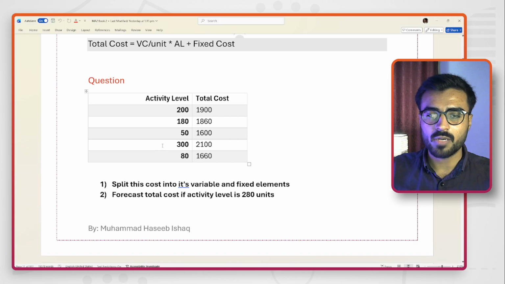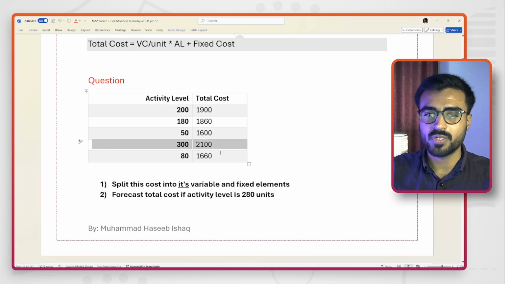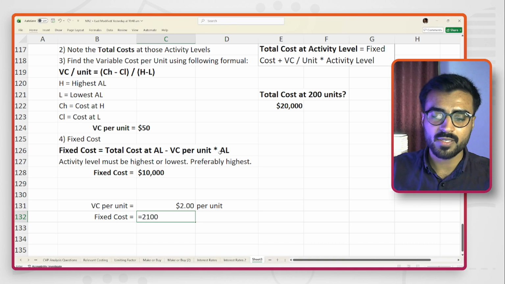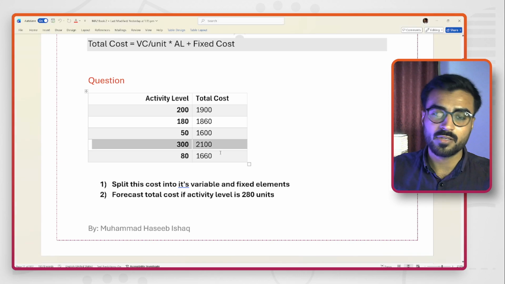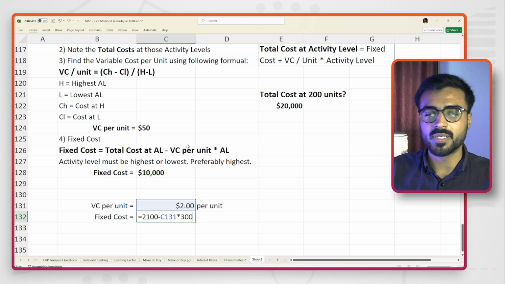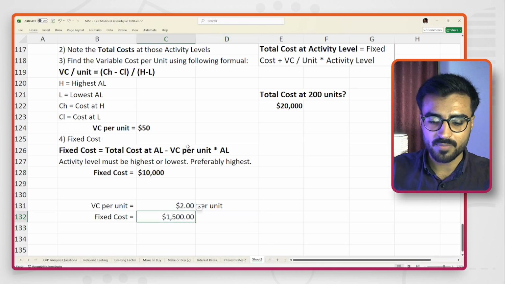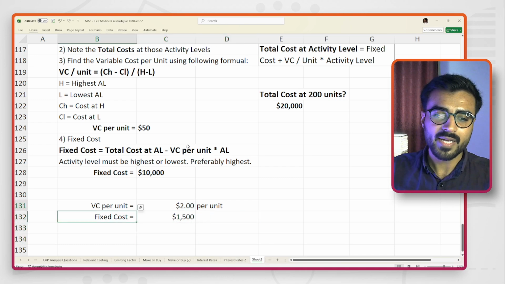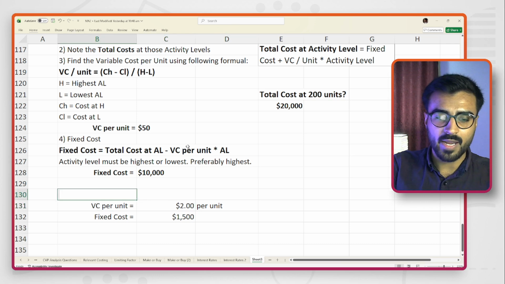The total cost at the highest activity level was $2100. So $2100 minus the variable cost per unit times the highest activity level, multiplied by 300 units. So the fixed cost would be $1500. So we have applied the high-low method on this question from the notes.